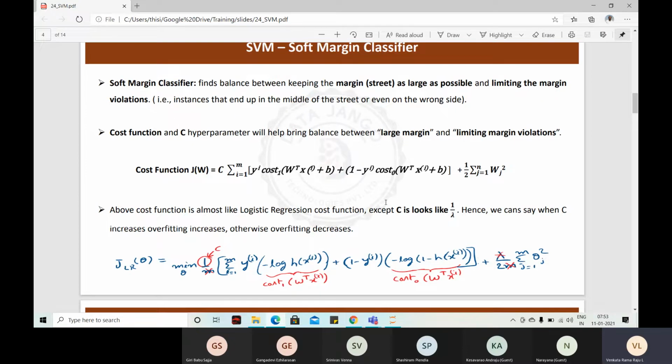In log loss, or logistic regression, we had 0.5 as the threshold, less than 0.5 or greater than or equal to 0.5, to distinguish classes. But here we use -1 and 1, to have the large margin gap around the decision boundary.